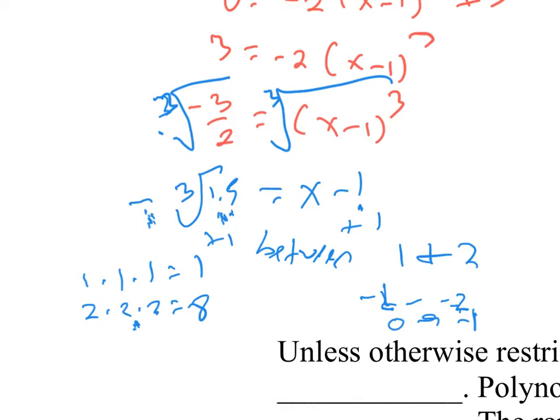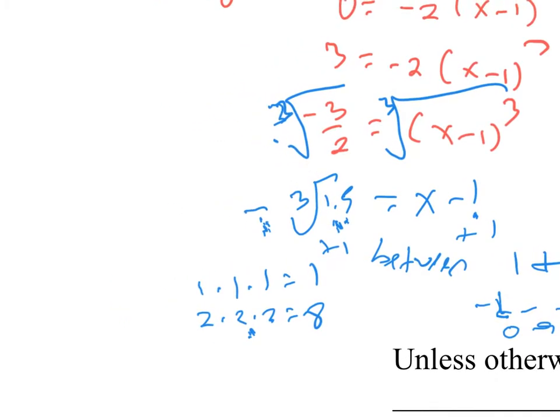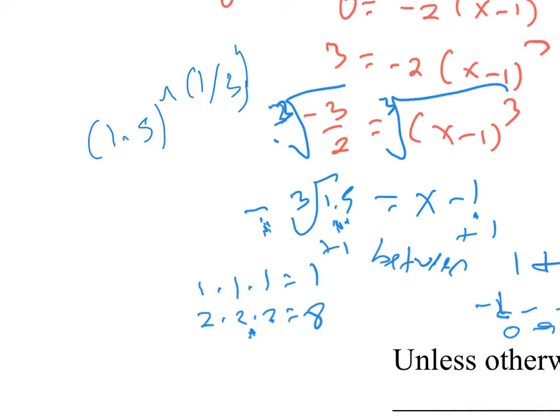Do you know how to do the cube root with your calculator? You probably have a cube root button, but if you want to do it without thinking, just take 1.5 caret 1 divided by 3. That's the same thing as a cube root.